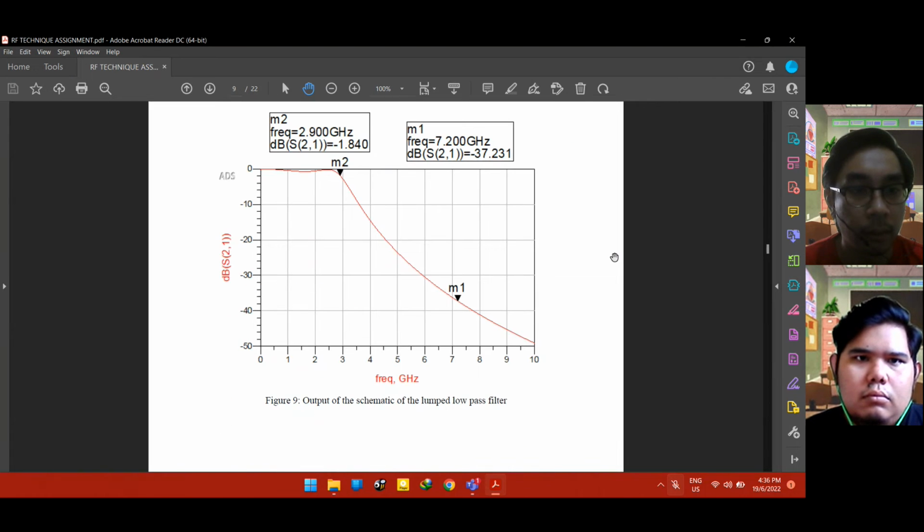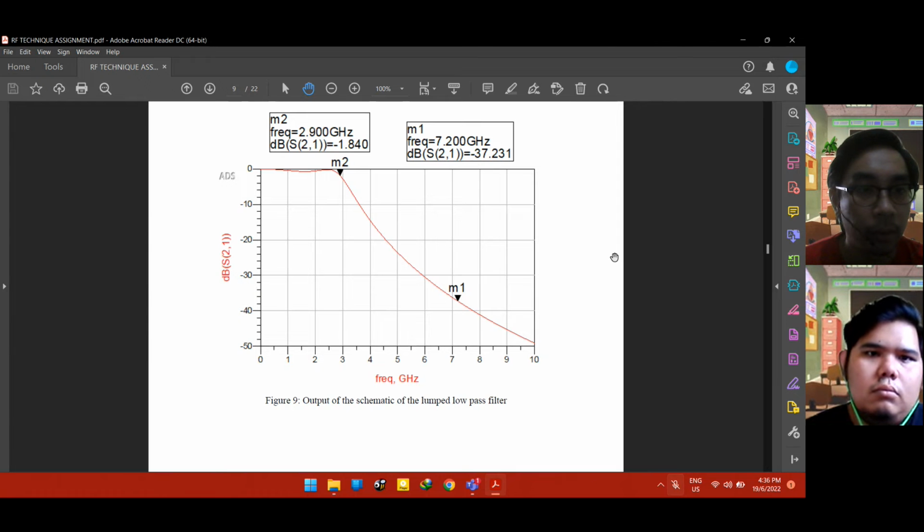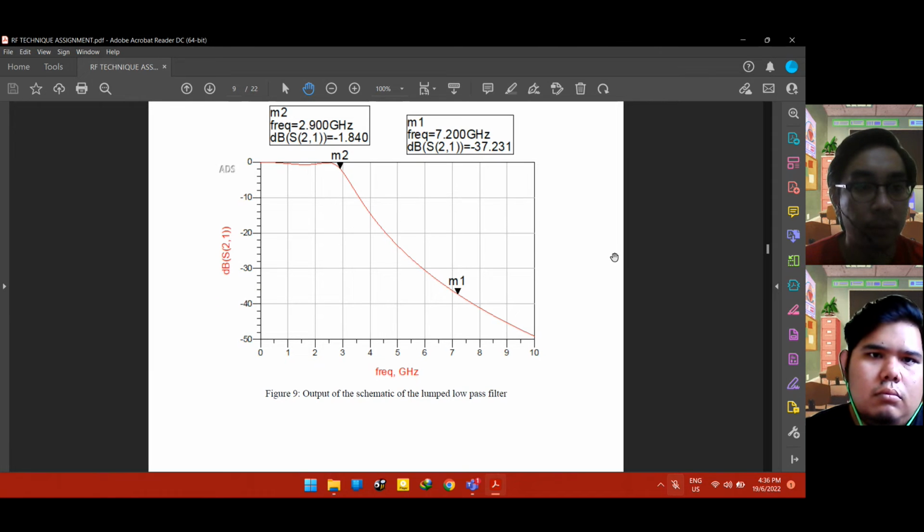M1 is at 7.2 gigahertz that I marked for the question that I was given, and then M2 is at 2.9 gigahertz, which is dB 1.804, 1.840. Okay, next.